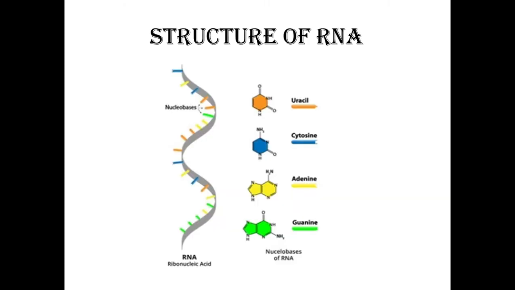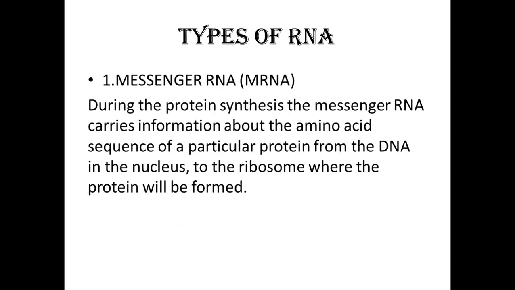So now, when you have time, just look at the structure of RNA here. You will see your uracil replacing your thymine. Now let's look at the types of RNA. We have messenger RNA, we have ribosomal RNA, and then we have transfer RNA.